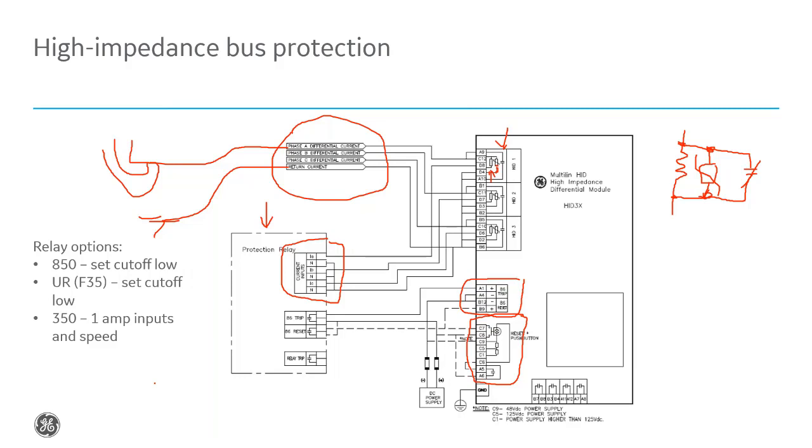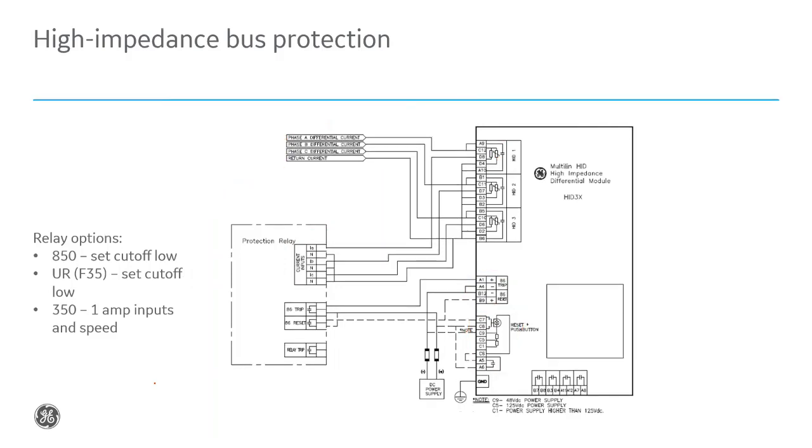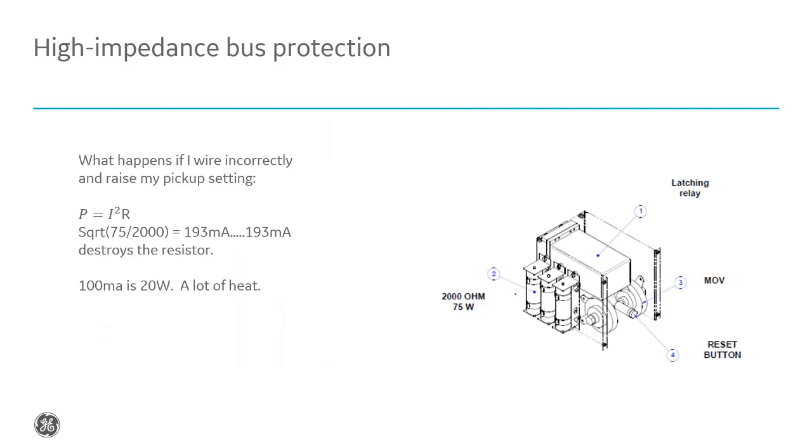So what happens if I wire incorrectly? Well, let's talk about this resistor. This resistor is 2,000 ohms. It's got a 75 watt rating. If I want to see what current destroys this resistor, I squared R is the power.